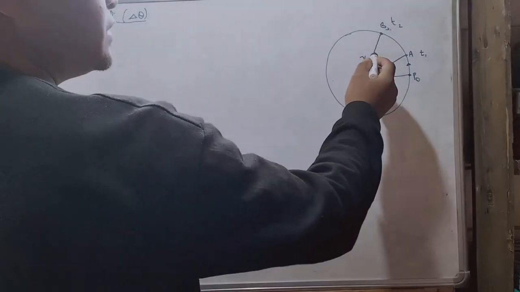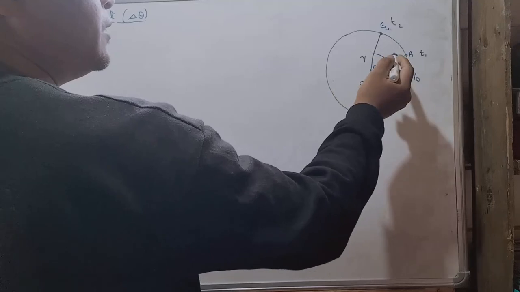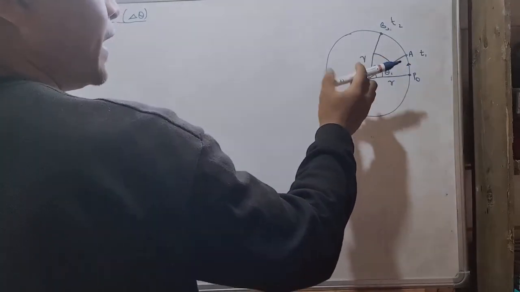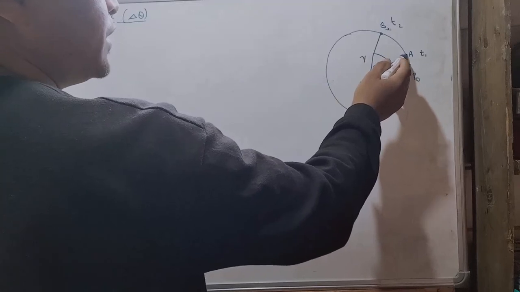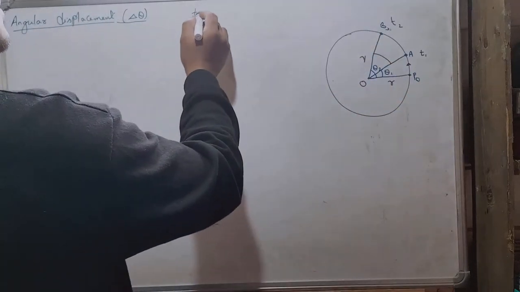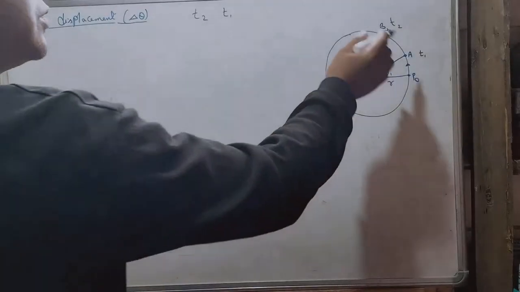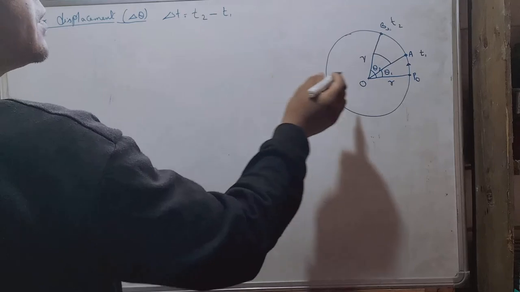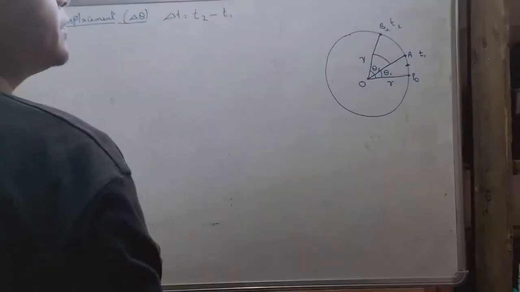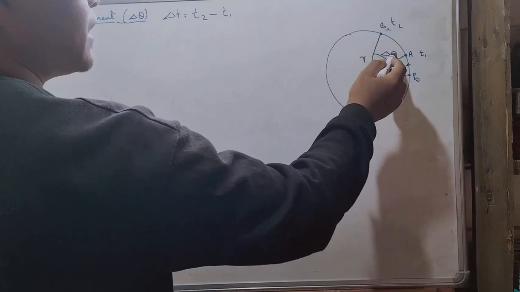Now the angle in which the particle swept between point A and point B, that is, during the time interval t2 minus t1, is delta theta.